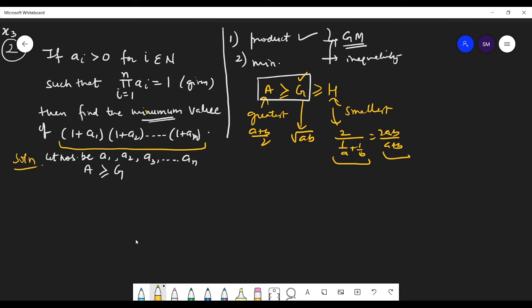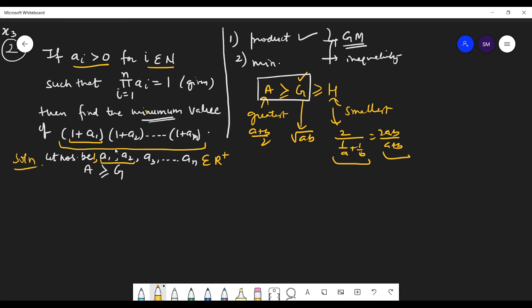All these numbers belong to the real numbers, they are all greater than 0. So students, let us first take A1 only. Or will you be taking 1 also? That's your choice, which numbers you want to take.